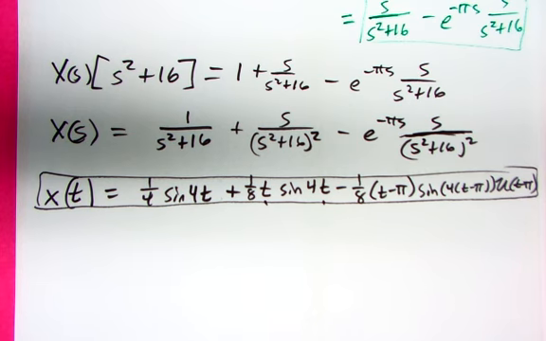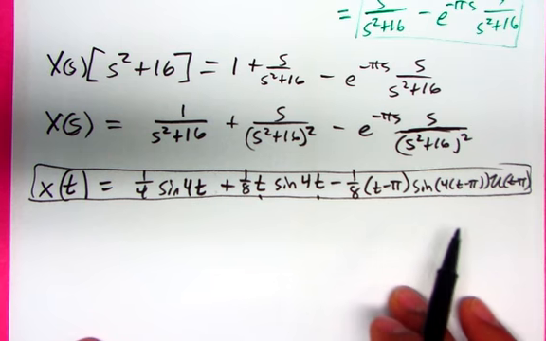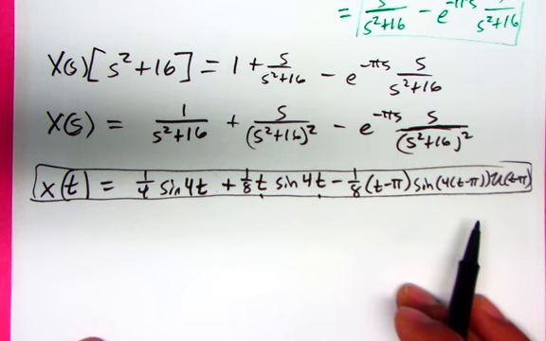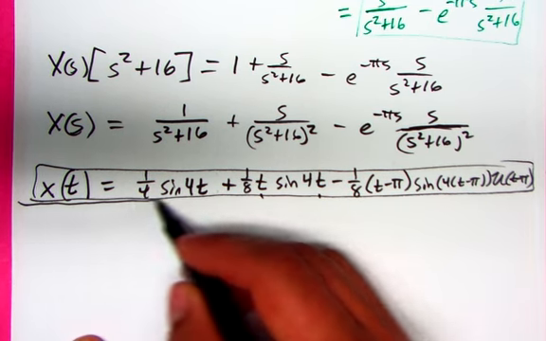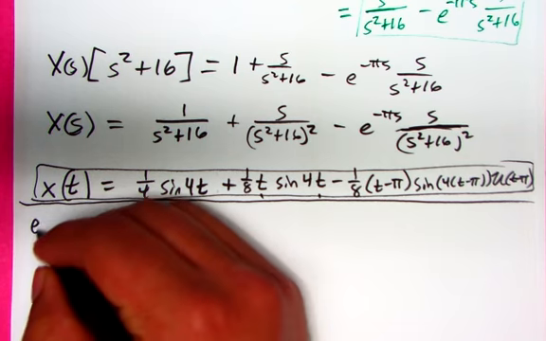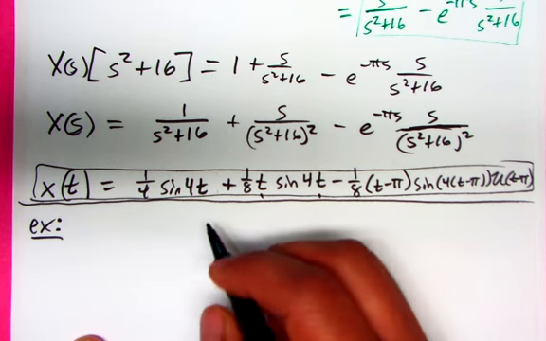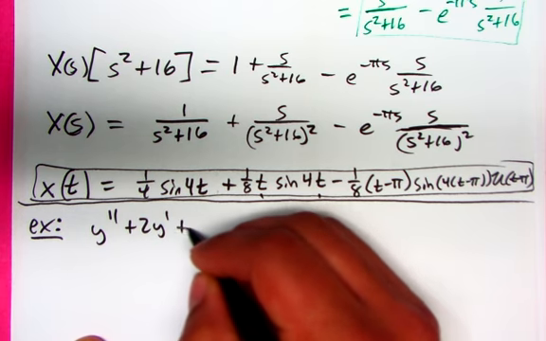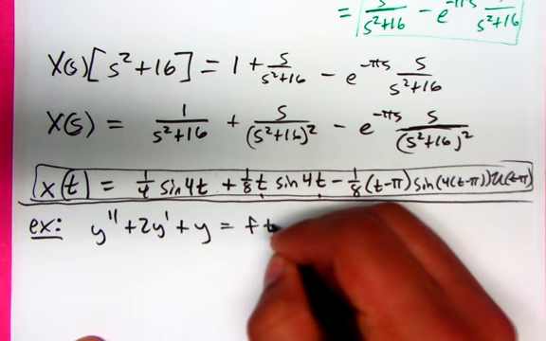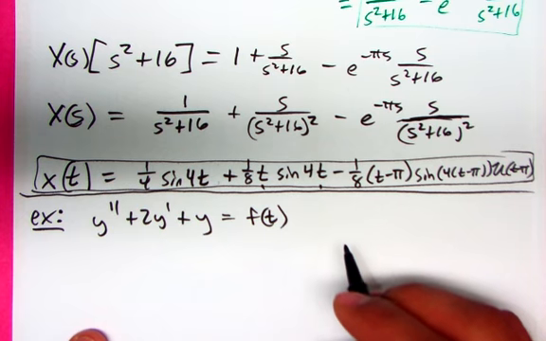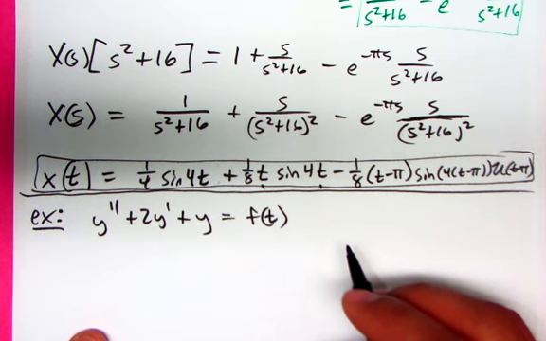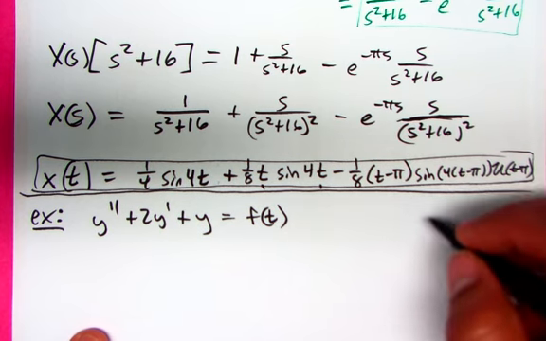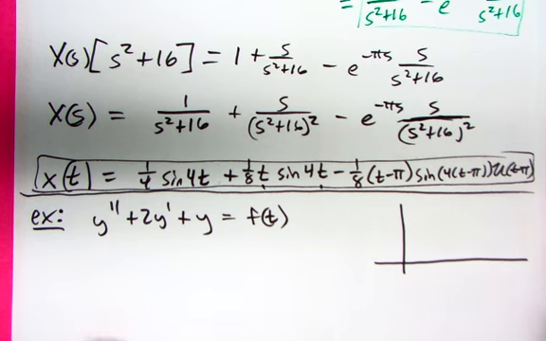Okay. I have one more example for you guys to try, and then something I want to show you, and then we'll be done. Are there any questions on this? Okay. Let's set this one up, and then you guys take a few minutes to work through this. So we have y double prime plus 2y prime plus y equals f of t, and here's your picture for f of t.